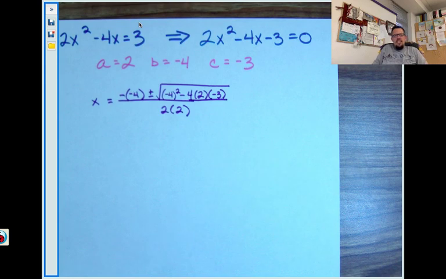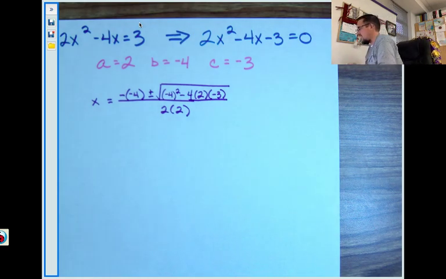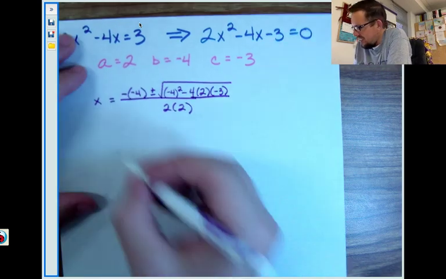Once this is plugged in like that, it's arithmetic. Now, the arithmetic isn't always easy. This square root in particular is going to be kind of nasty. But once you get it plugged in, there's no more algebra involved. Just sweet, sweet arithmetic. So let's do it.